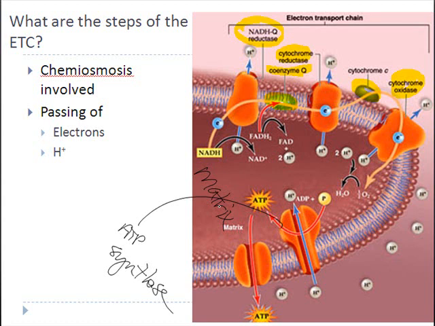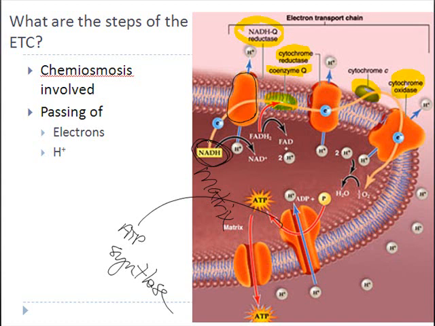So now we're going to take that NADH and FADH2 as it's being made. And remember again, those were temporary storage molecules for energy. We're going to harvest that energy that's being temporarily stored in these coenzymes. So here we go. Here's a molecule of NADH. That NADH is going to interact with this protein right here called NADHQ reductase.